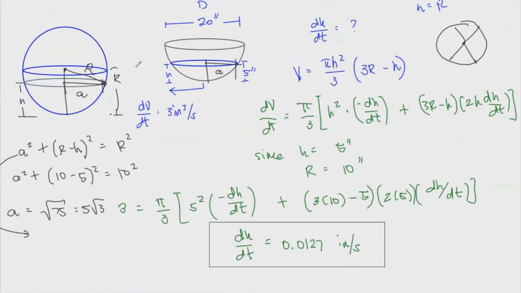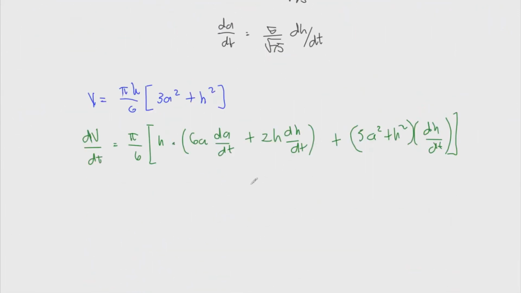Okay, so we proceed with substitution. We know that dV over dt is 3, and then let's use green.